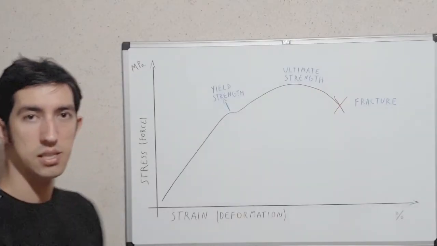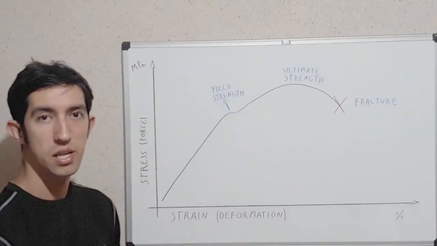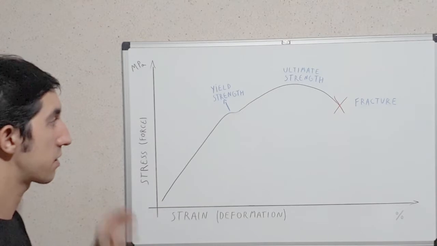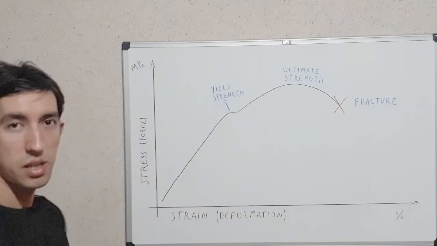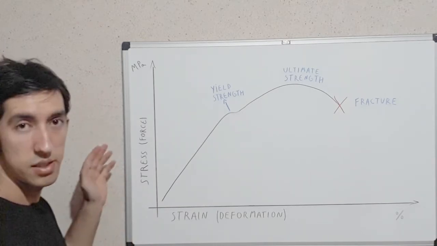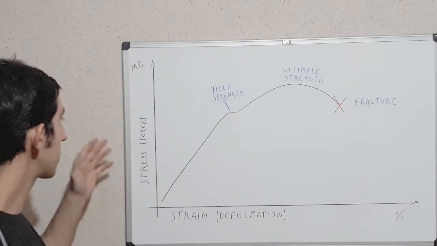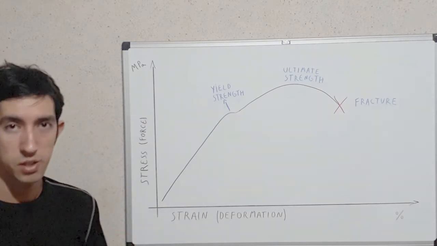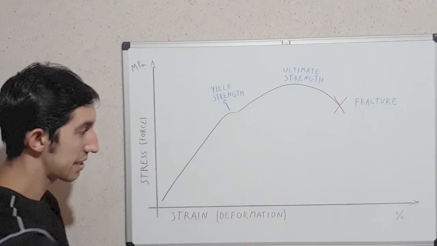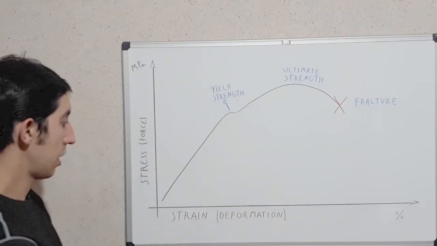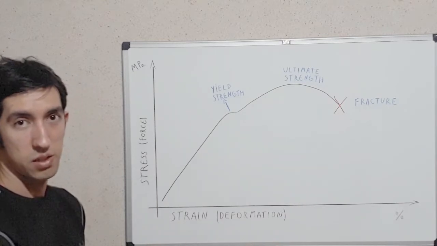Here you can see in this stress-strain chart a material behavior under some forces. In the y-axis is the stress, which is the force that we are applying to the material. In the x-axis is the strain, which is the deformation of the material.